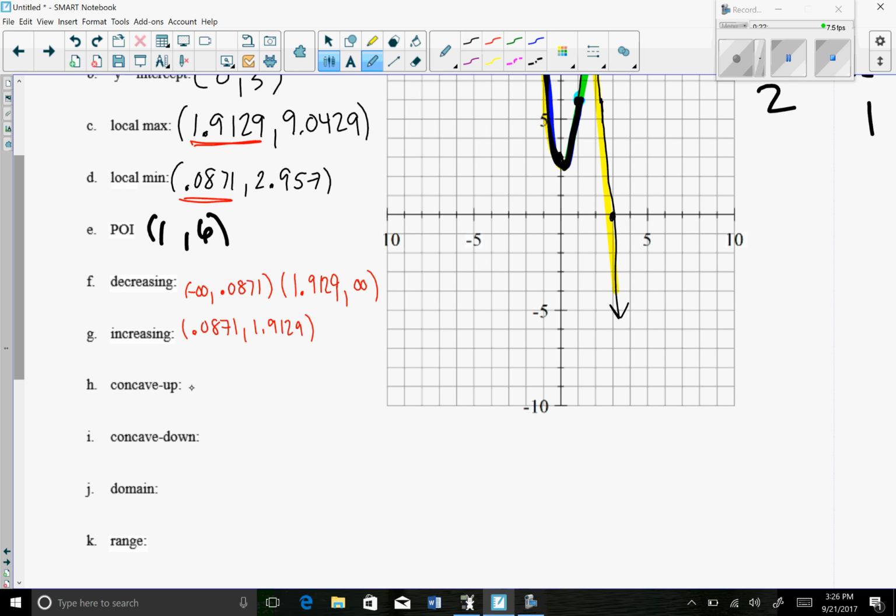So from negative infinity to 1, we're concave up. And that means from 1 to infinity, our curve is bending downward, so concave down.